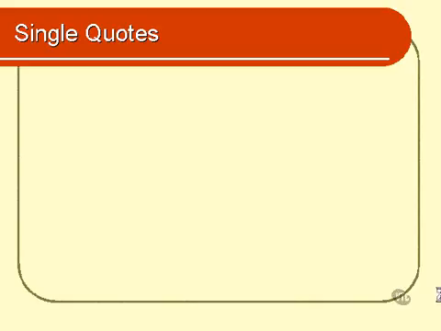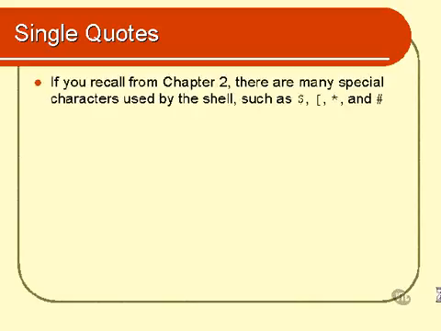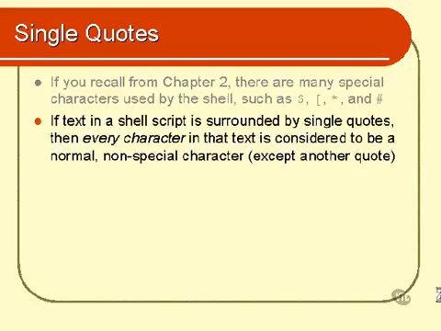Let's see what single quotes are for. Remember that I spoke to you earlier about special characters used by the shell, and there's a bunch of them, such as the $, the brackets, the asterisk, the hash or the pound sign, and also including things like the space character. So here's how that has to do with single quotes.